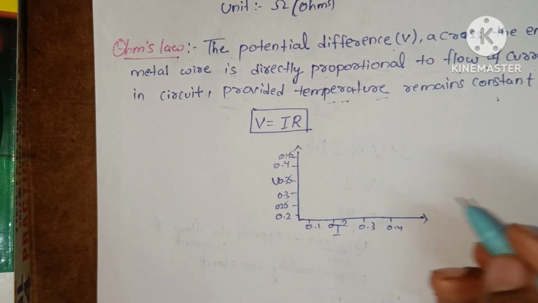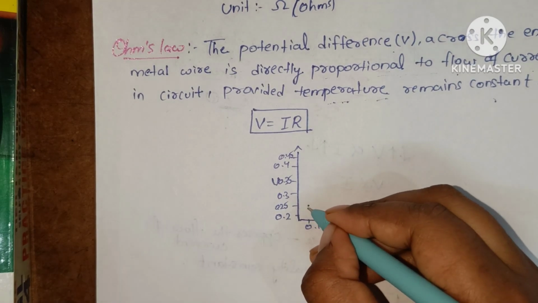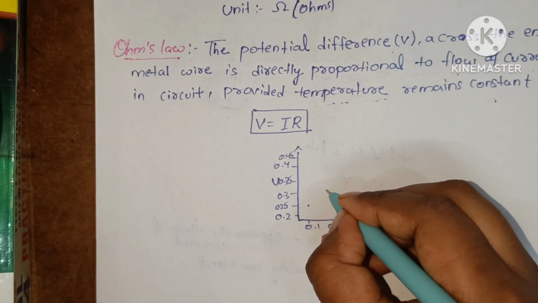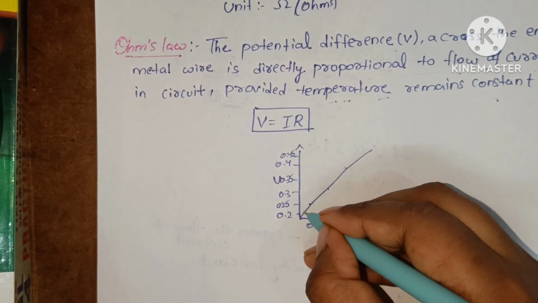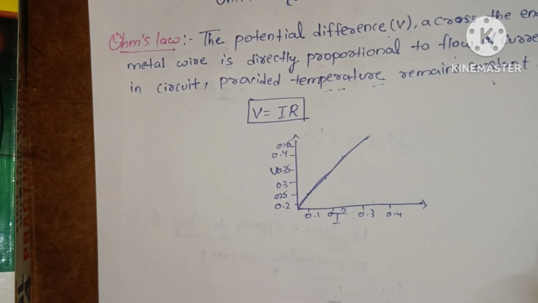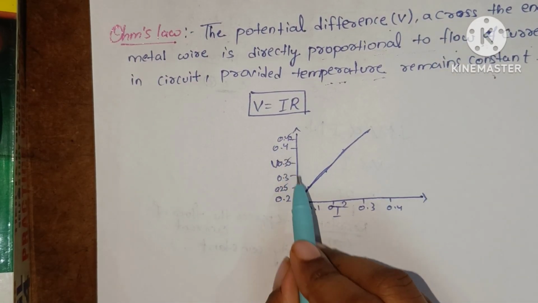With the help of the activity, keep the points here. First point: current 0.1, voltage 0.25. So keep the points and join the line.